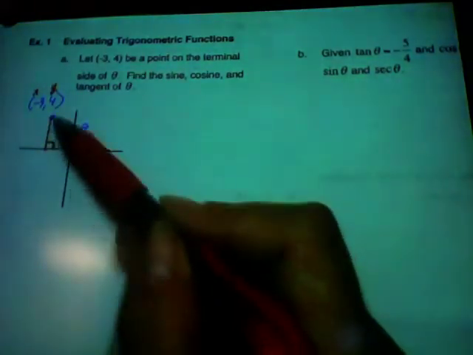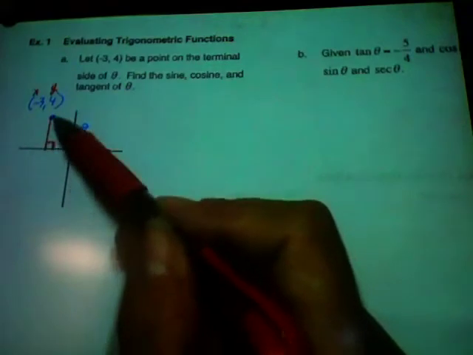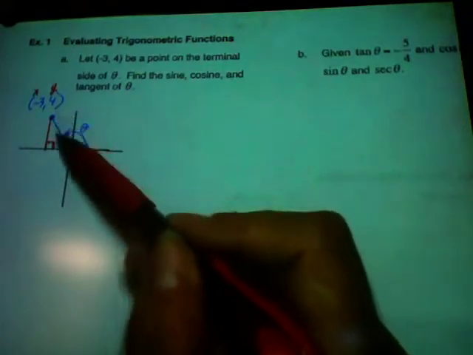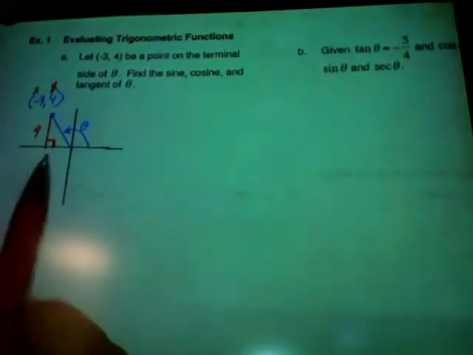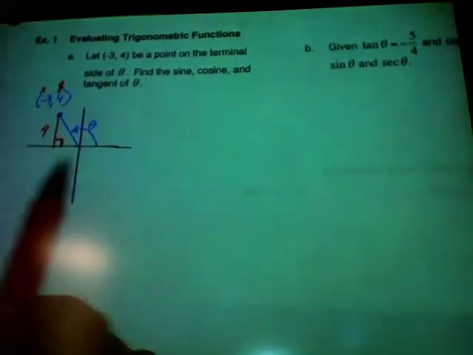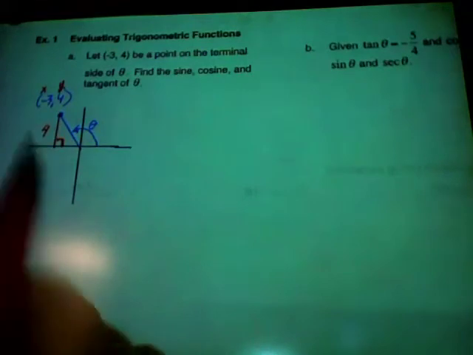If my x value is -3 and my y value is 4, what is this distance from here to here? Is this x or y? This is y. So isn't this value here 4? Isn't this value x here? Because x is negative, doesn't it make sense that this is -3?